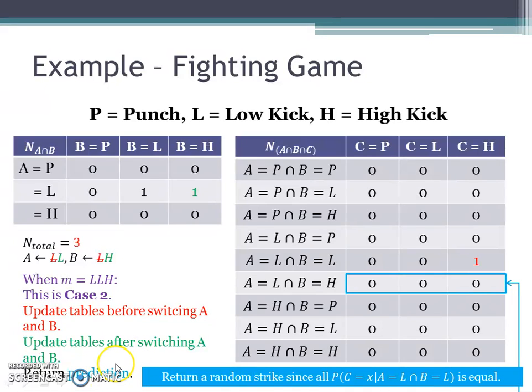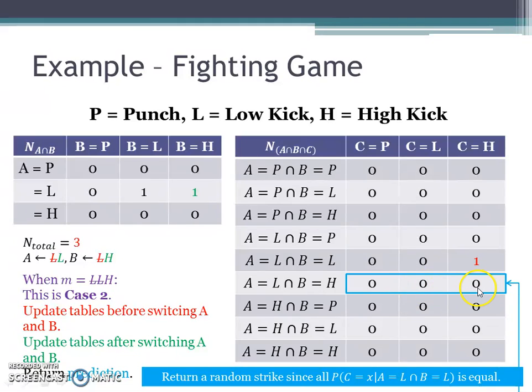So how do we predict? We refer to this table for the entry where A equals L and B equals H, and we take all these values and calculate probability. How do you calculate probability? You take 0 and divide it by this value, 1 minus 0, and you do the same for the rest.